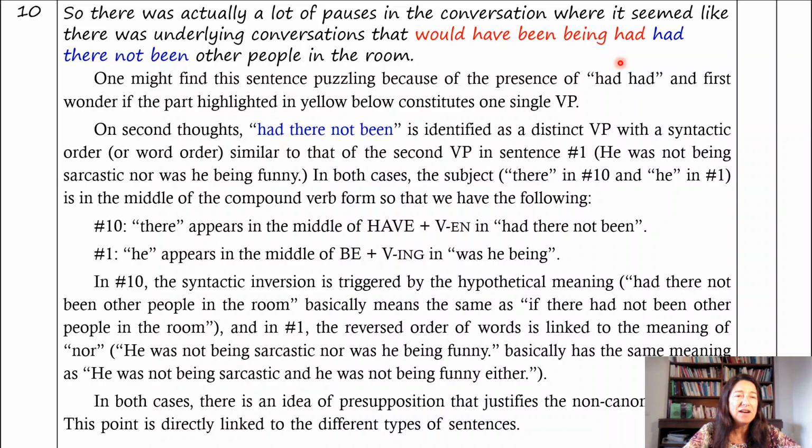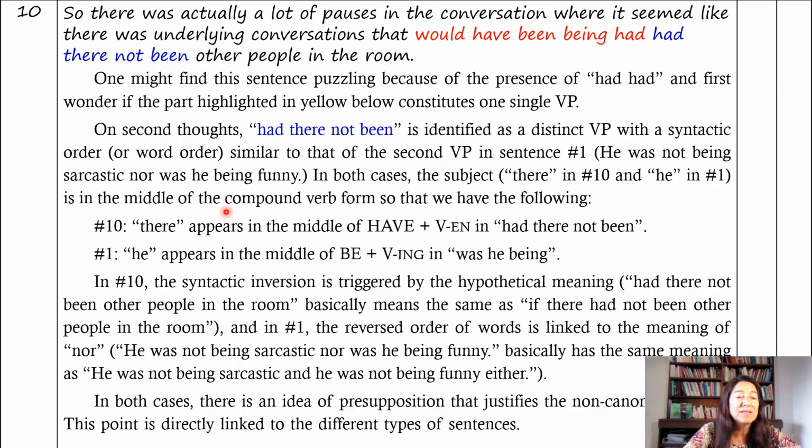First of all, had there not been, we find in that sentence the same word order as in sentence number 1. You remember in sentence number 1, we had, he was not being sarcastic, nor was he being. So, nor was he being. And the operator here appears before the subject he.